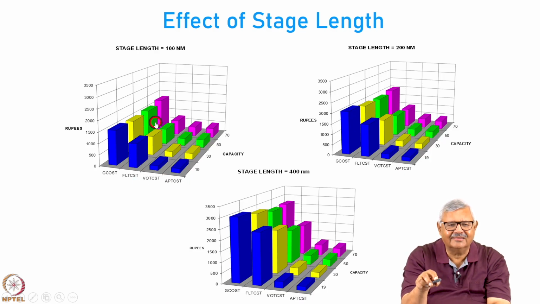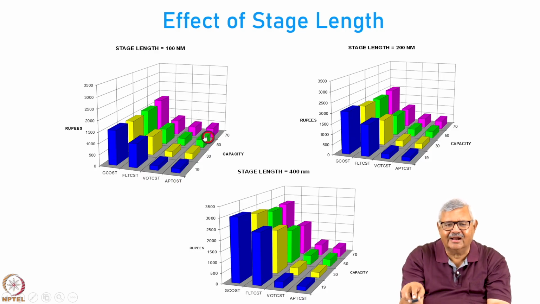In the case of large aircraft, the value of time and the airport cost are higher compared to others. So, what you see is almost some kind of averaging between 30 and 50-seater aircraft.